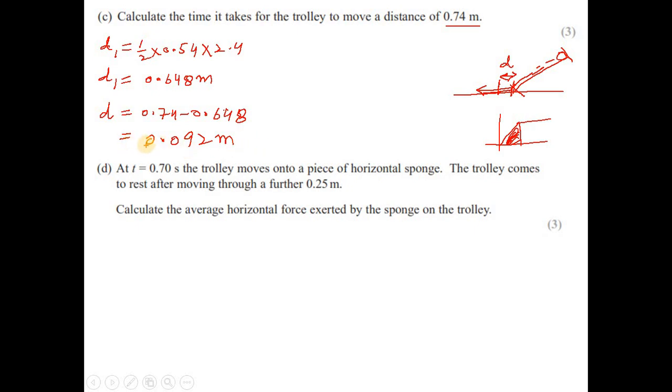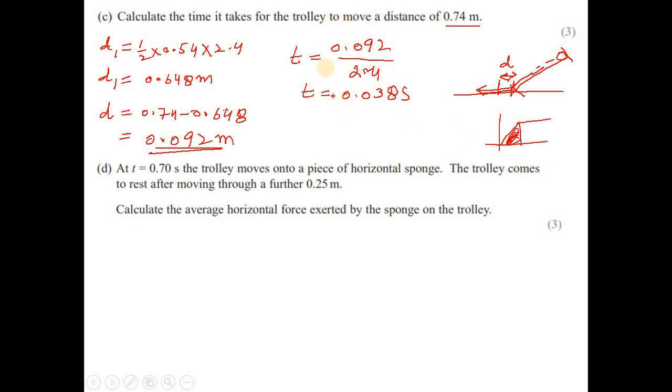And then I'm going to find the time for that extra distance, because this is uniform motion. So t is equal to 0.092 divided by the velocity, v is 2.4. So this t is equal to 0.038 second.